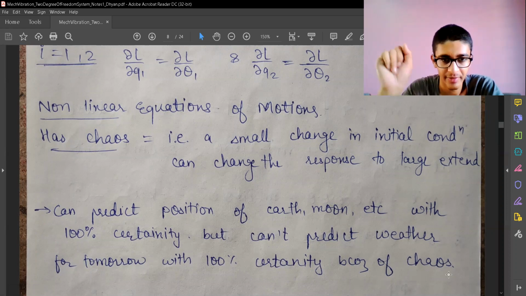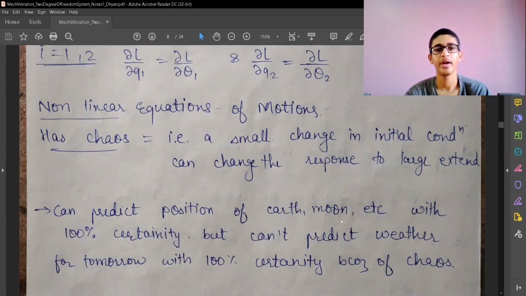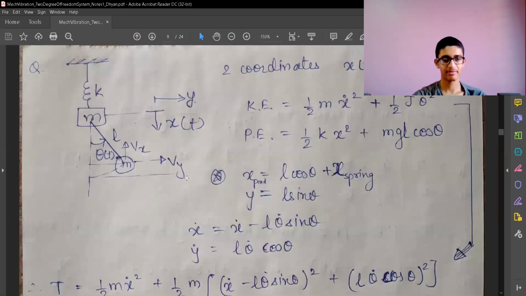The cloud movement, the wind, those equations of motion are highly non-linear equations. That's why we cannot predict them easily. While the equations of motion for the positions of Earth and Moon, their relative positions, are linear equations. That's why we can predict the positions easily. In the next video, we'll look at other questions.